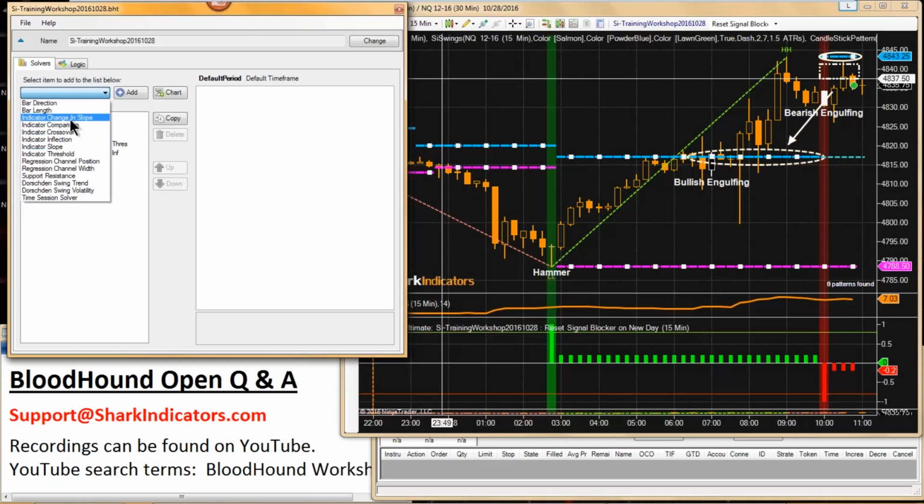The change in slope can detect various changes in the angle of the slope. So if you simply want to know if your indicator is sloping up or down, you do not use the change in slope. Use the slope solver to determine whether your indicator or price is sloping up or down.